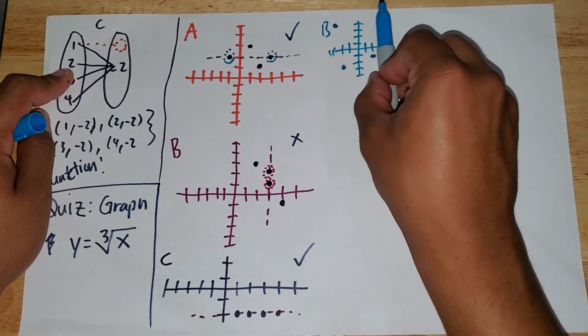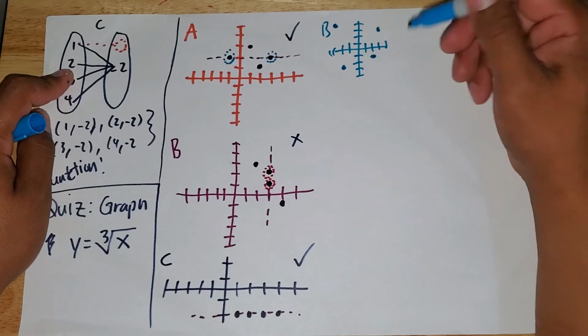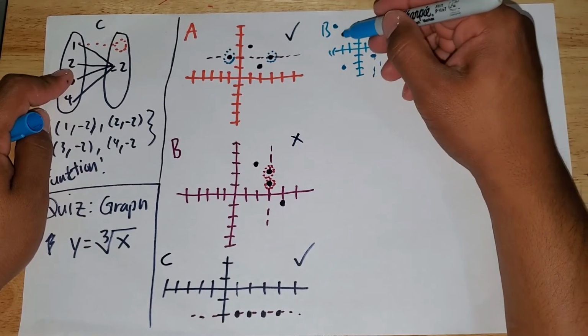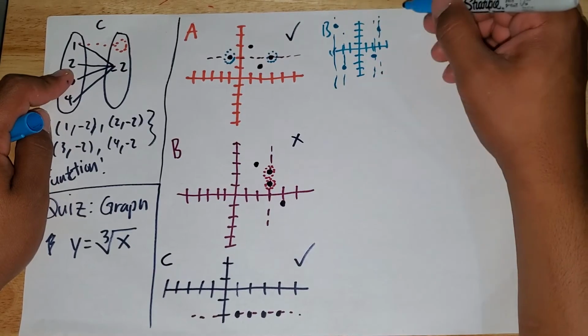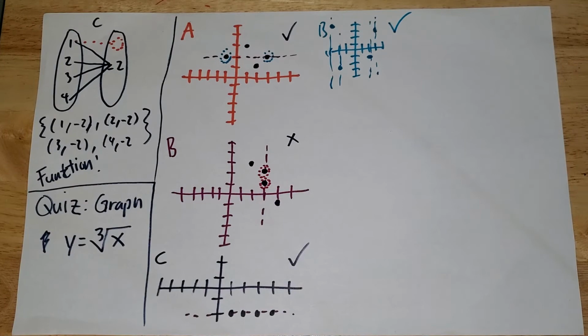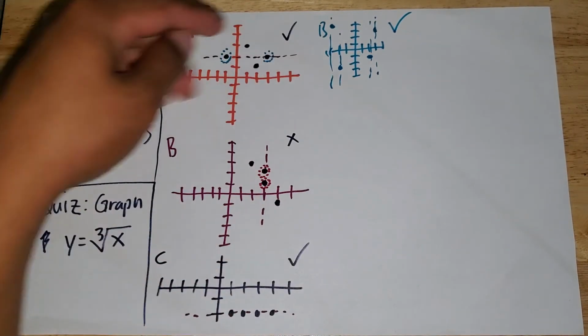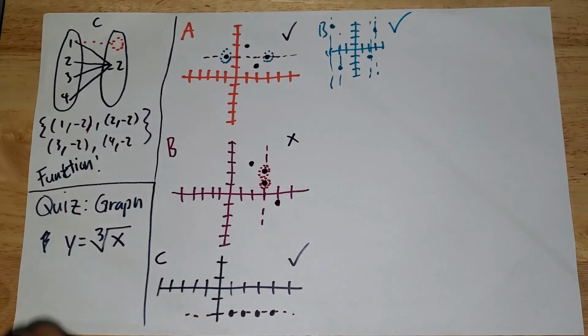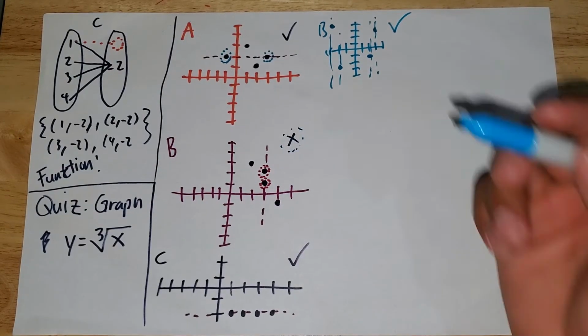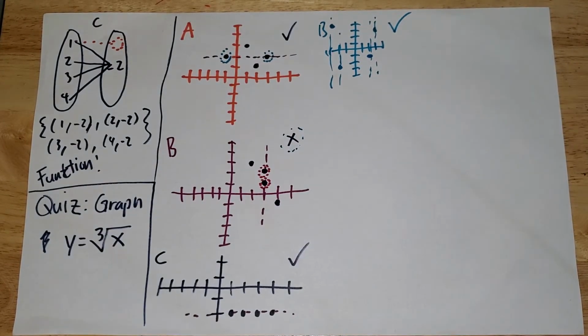We care about whether any are stacked up against each other. And there's nothing stacked up here, nothing stacked up here. Hence, that is going to be a function because none of them are stacked on top of each other. I'll worry about them being side by side later. Right now, the main thing I'm worried about is that I don't want them to be vertically above each other. Because if they are, that means it is not a function.